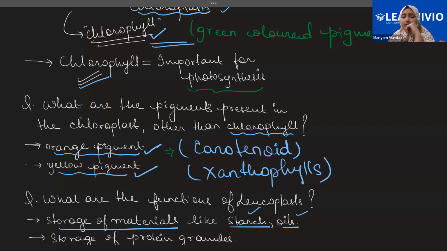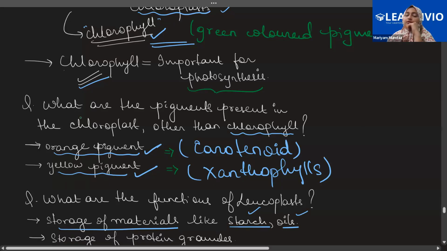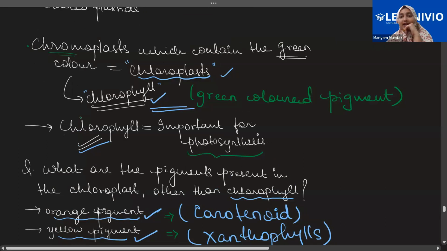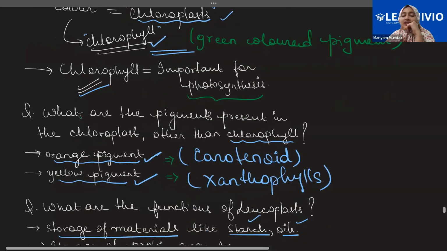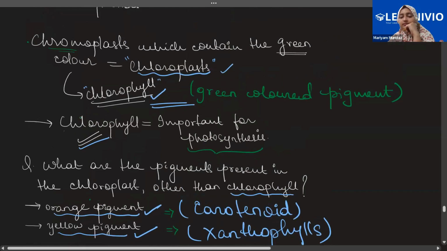Then there are some chloroplasts that also carry the yellow color. This yellow pigment is known as the xanthophyll. So now you know the pigments and their names and colors. If I say chlorophyll, you'll understand that they are green in color. If I say carotenoids, then you'll understand they are orange in color. And if I say xanthophylls, then you'll understand that they are yellow in color. This much is clear to everyone?